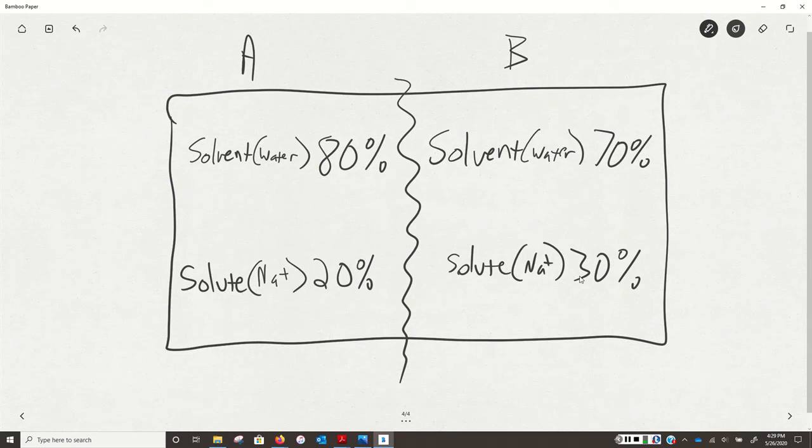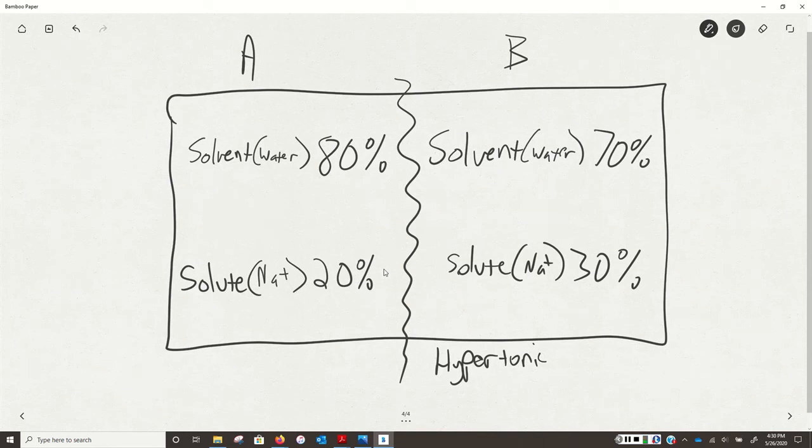In solution B, I have 30% solute. So what I could say, using non-technical terms, is B has more solute than A does. But the way that we actually say this in a laboratory is using something called tonicity words. We say B is hypertonic to A. B is hypertonic to A.